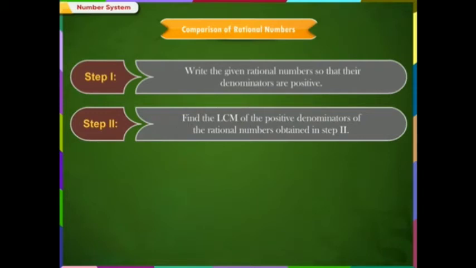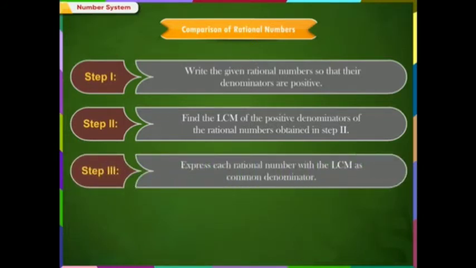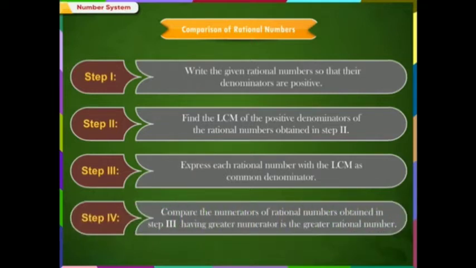Find the LCM of the positive denominators of the rational numbers obtained in step 1. Step 3. Express each rational number with the LCM as common denominator. Step 4. Compare the numerators of rational numbers obtained in step 3. The number having greater numerator is the greater rational number.